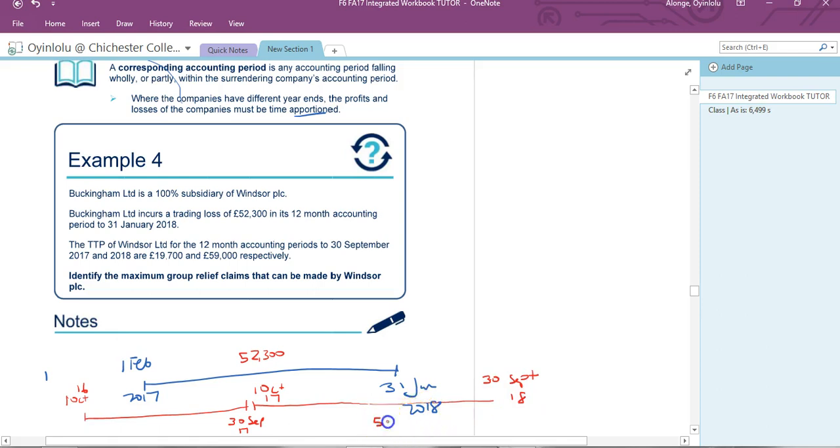So here you have 59,000, and here you have 19,700. So maybe now you're starting to see what's going on. I'm going to change my pen color again.